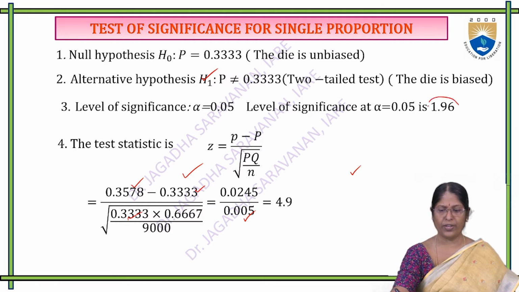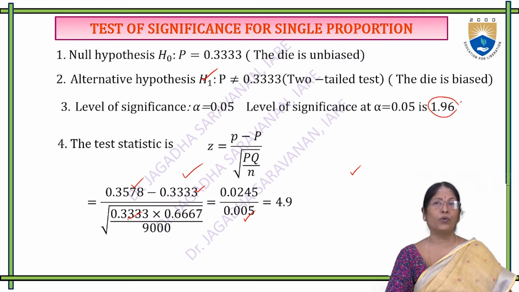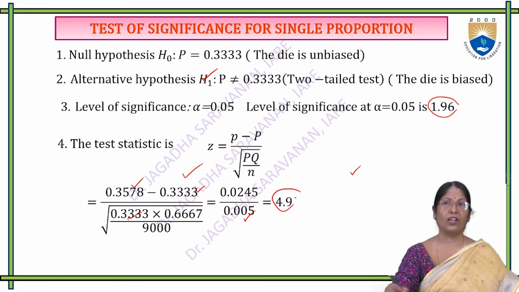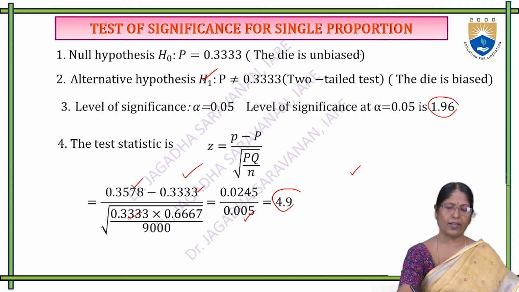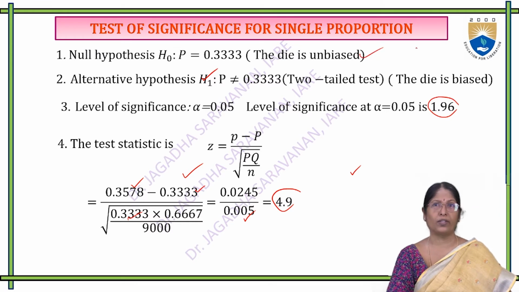From here itself we can see it very clearly. There is 1.96, the tabulated value, and here the calculated value is 4.9. If the tabulated value were more, then we could accept the null hypothesis. But in this particular problem we are not able to accept; we have to reject.